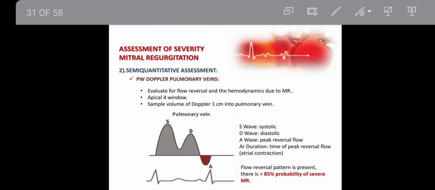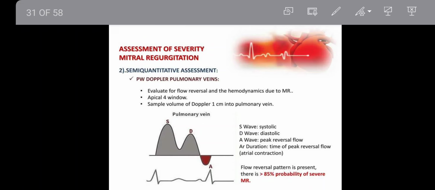S wave is systolic and D wave is diastolic. The A wave is the peak reversal flow. AR duration is the time of peak reversal flow.